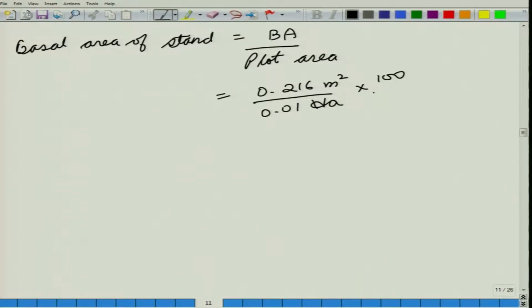Multiplying both sides by 100, we get 21.6 square meters per hectare. So that is the basal area of the plot.